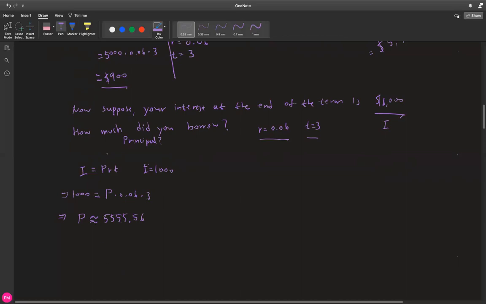This means that under these terms, under APR of 6% and for 3 years, if your interest turned out to be $1,000, your principal, the money that you borrowed in the beginning of the term, is actually $5,555.56. And that's actually how you calculate this.